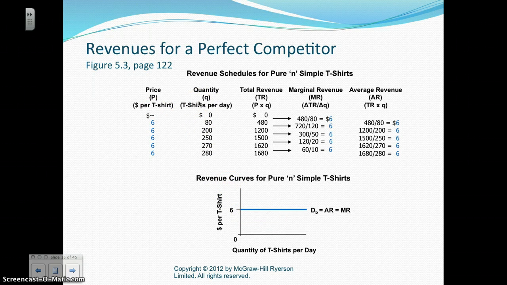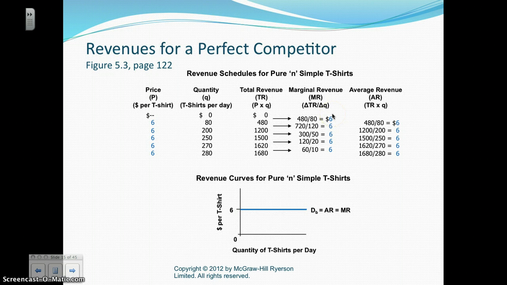This table will also show that the constant values of price, average revenue and marginal revenue are identical. So this graph here shows that the business's horizontal demand curve also represents its average revenue and marginal revenue curve. Remember, we have our formulas for these various variables as listed right there.